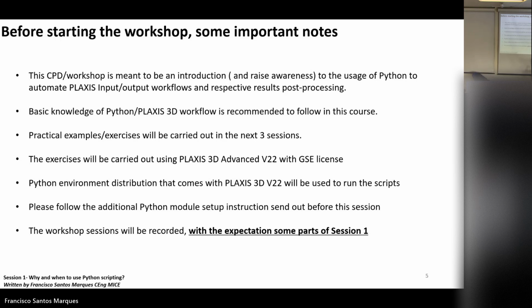You need to have that one, otherwise you're not allowed to script with Python in Plaxis. The Python environment distribution that we're going to use is the one that comes with Plaxis 3D version 22. So in principle, if you install that on your machine, you already have that distribution.